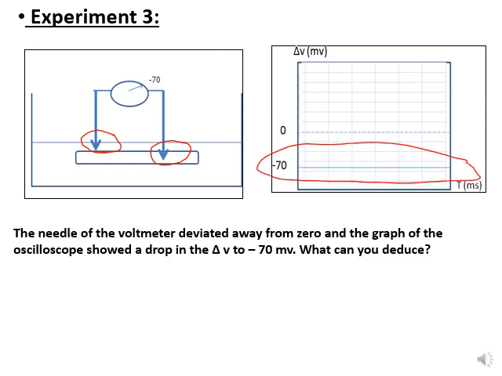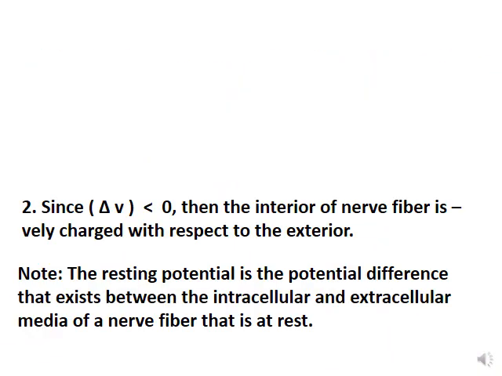So the needle of the voltmeter, as seen here, deviates away from zero, and it shows a drop in the delta V, the potential difference, to minus 70 millivolts. What can we deduce from this experiment?